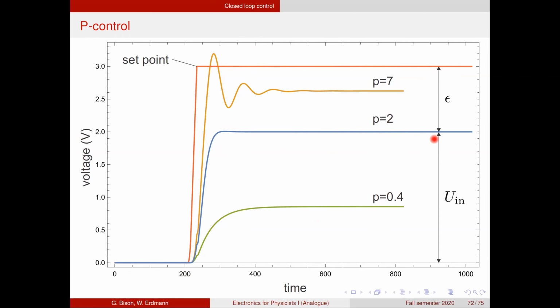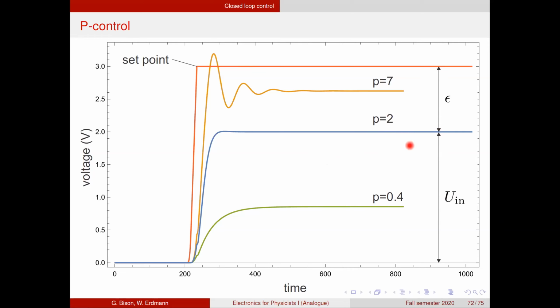Yeah, and so what we see here is the output voltage, the input voltage, which is equal to the output voltage after the low pass filter, and the corresponding error signal. Yeah, and so the larger the gain is, the smaller can be the difference between the set point and the input voltage, because this difference is then amplified and gives the necessary output voltage.